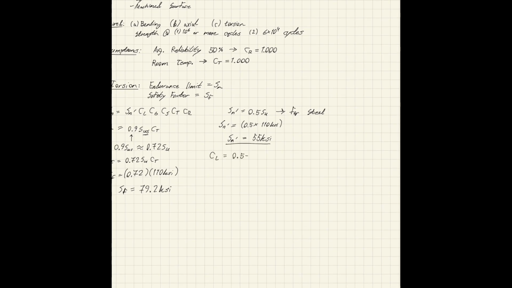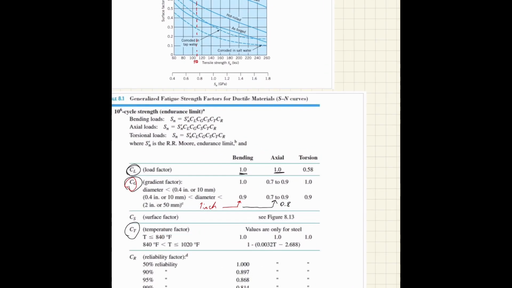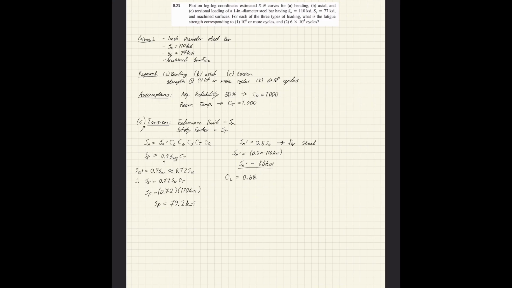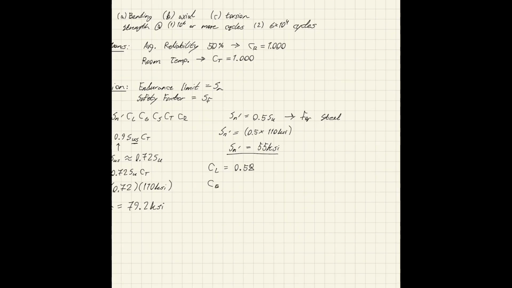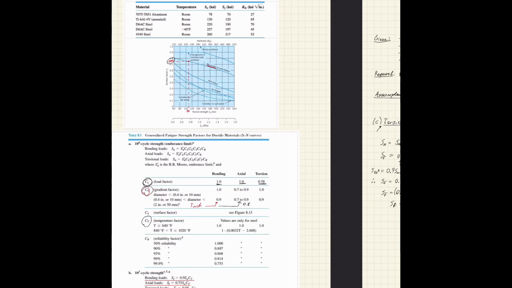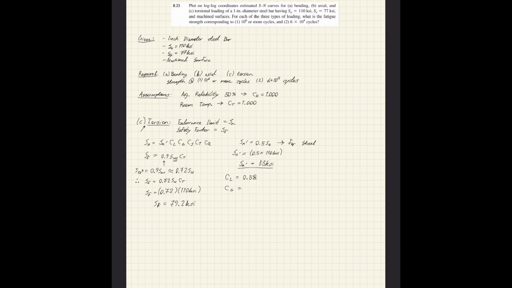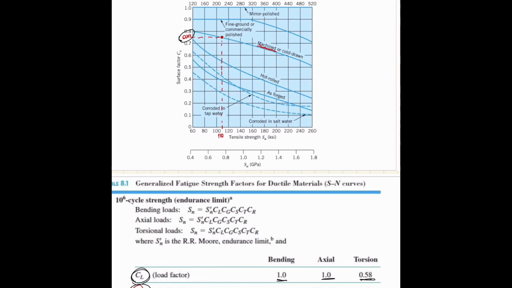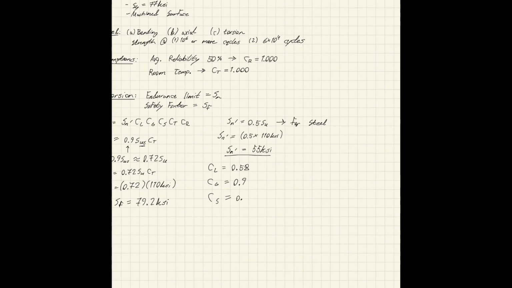Our SN prime stays the same at 55 KSI. CL is 0.58, as you can see there. Our CG is equal to, let's look over, 0.9. CS is equal to, once again, 0.75. Our CT is equal to 1, and our CR is equal to 1.